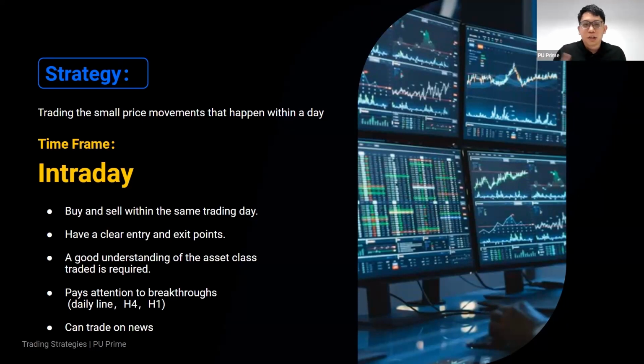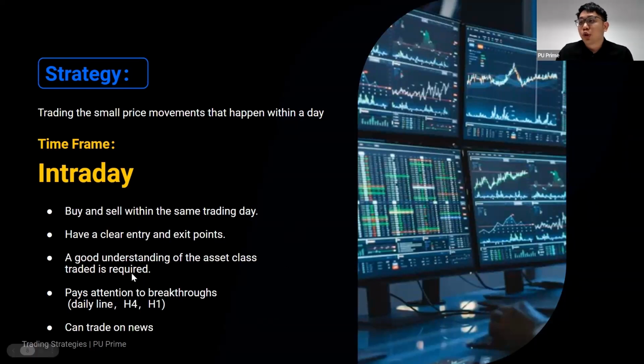Let's say you trade the dollar, and while you're holding a position, the chair of the Federal Reserve comes out and says something, and it's going to have an impact on the dollar. At least you have to have a certain knowledge of what kind of message will have an impact on what asset classes.